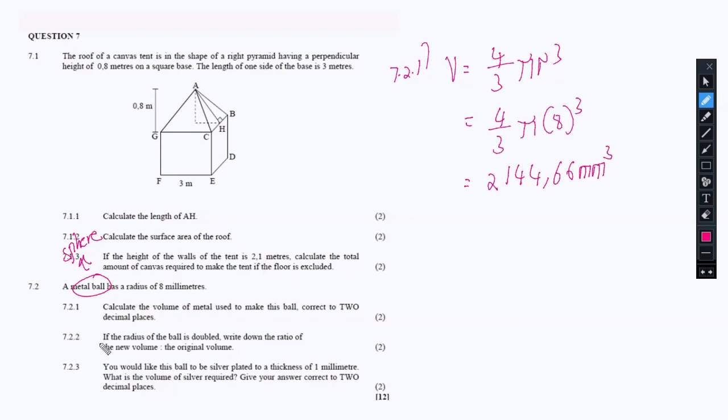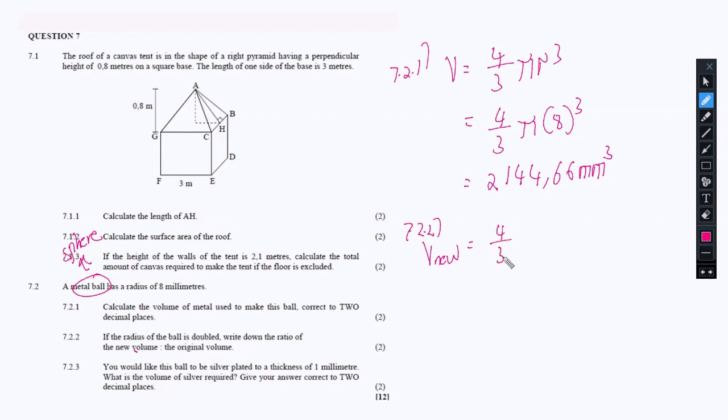Then 7.2.2, it's saying if the radius of the ball is doubled, write down the ratio of the new volume to the original volume. Okay, so now if we are doubling the radius, let's calculate what would be the new volume.